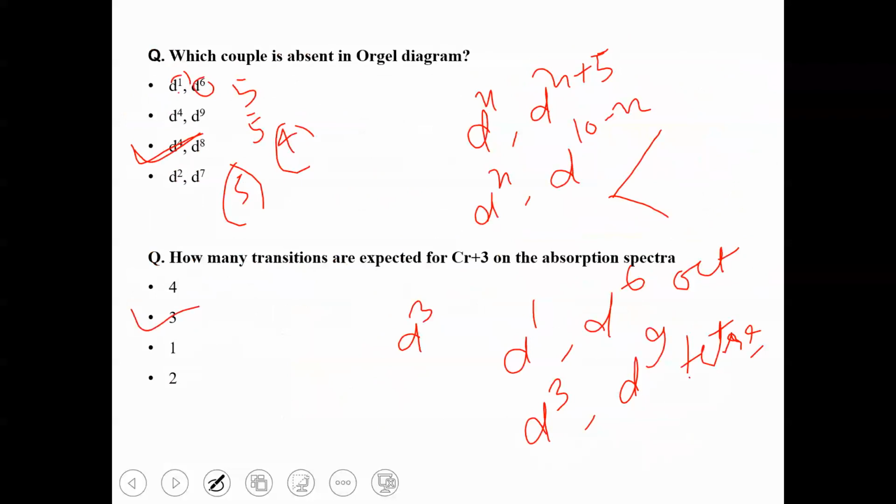Okay, understood? So moving to the next two. Non crossover region: these are the terms given, and you have to identify the crossover region.